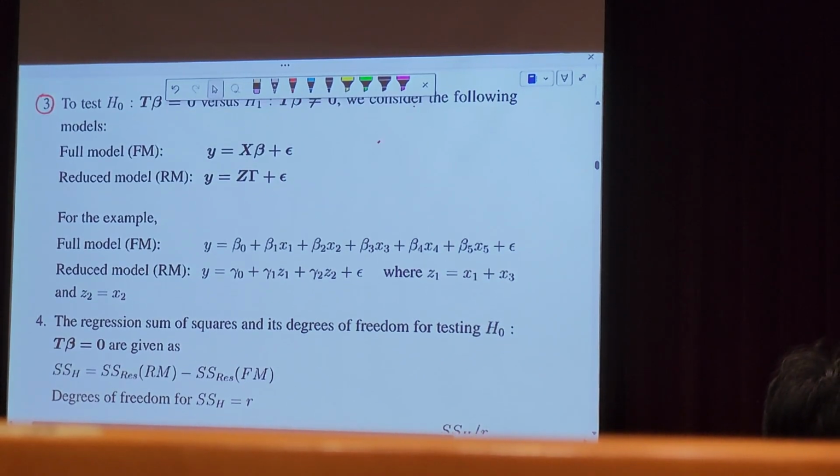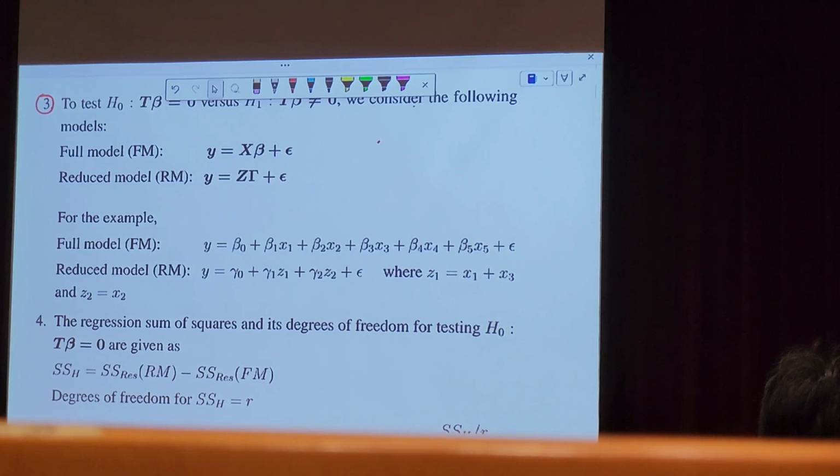So for the example, it's easier to understand if you refer to an example. In our full model, there are 5 regressor variables. And after we apply the 3 linear constraints on beta, we obtain the reduced model as shown.